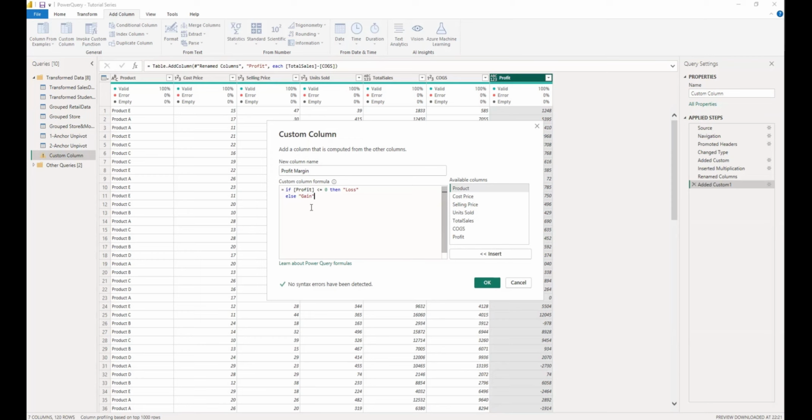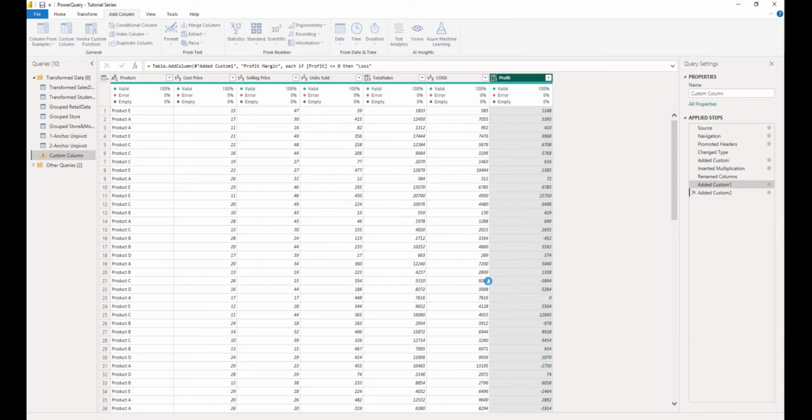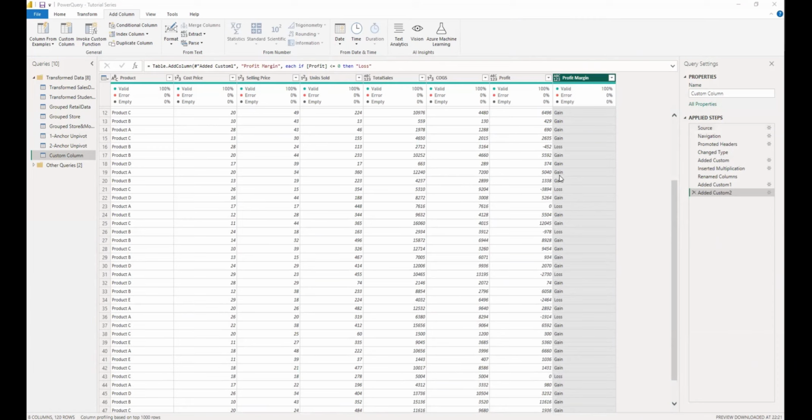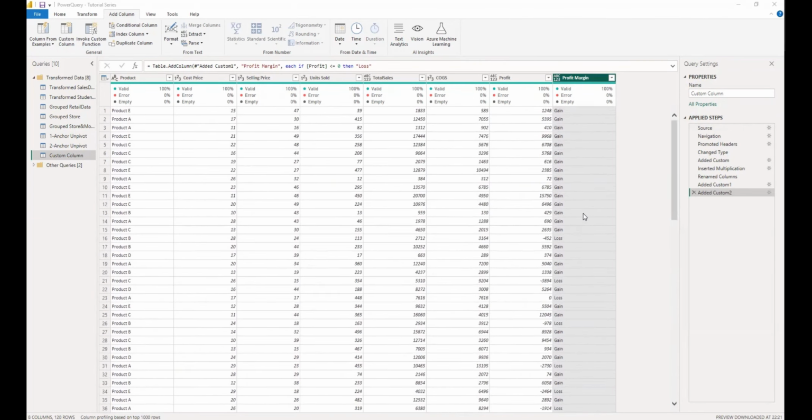Right. So profit margin, include it. You can see that when it is minus it is a loss, when it is positive it is a gain. It's as simple as that, which in your analysis is something you might want to use very well. It will help you know if there is any pattern when they are gaining, any pattern when they are losing, and which products have the most losses.